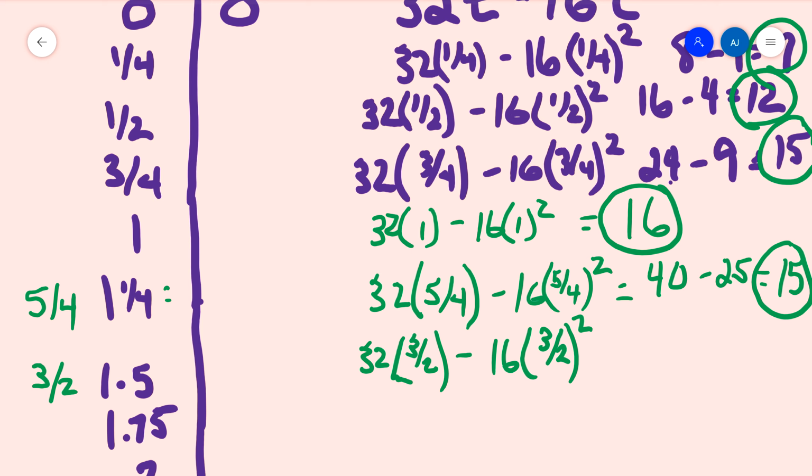What do I have here? 2 goes into 32, 16. 16 times 3 is 48. Minus, let's see, 3/2 squared becomes 9/4. When I do the math on this, 4 goes into 16 4 times, and 4 times 9 is 36. 48 minus 36 is 12.